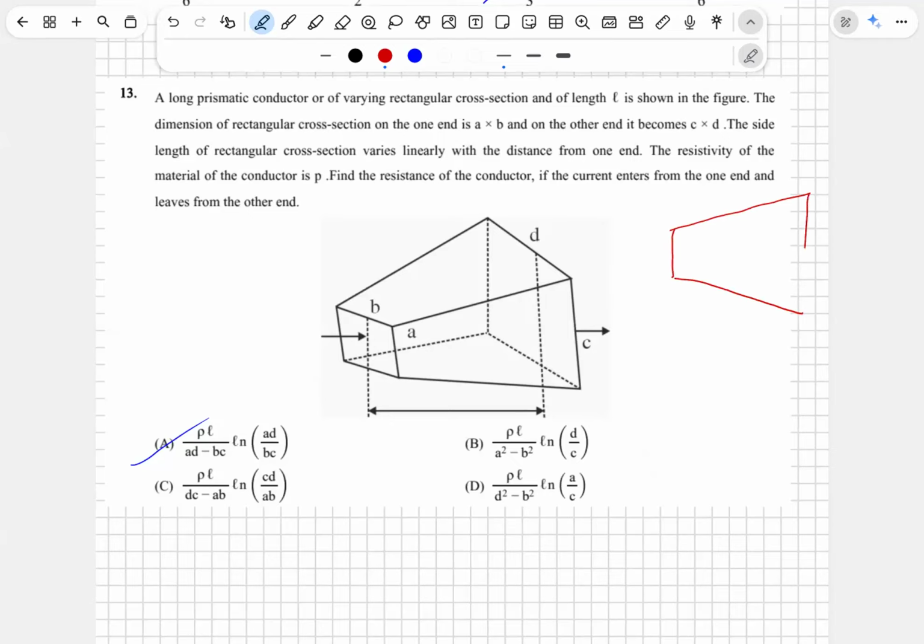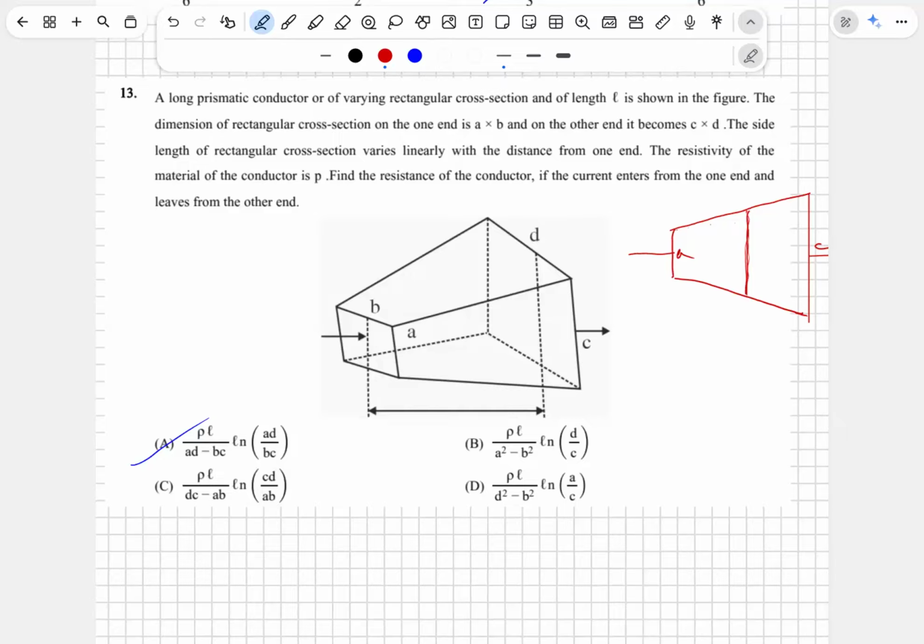This is how the view is. C A. Now I want this part right now. I want to know this part. What could be the dimensions of that?